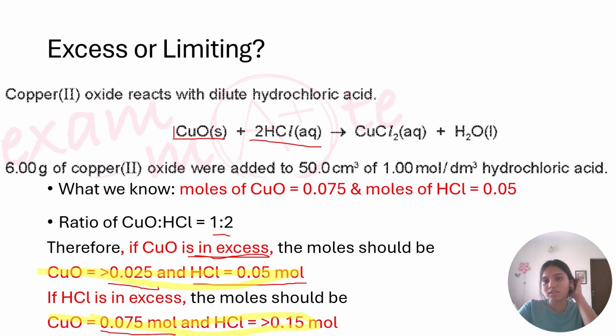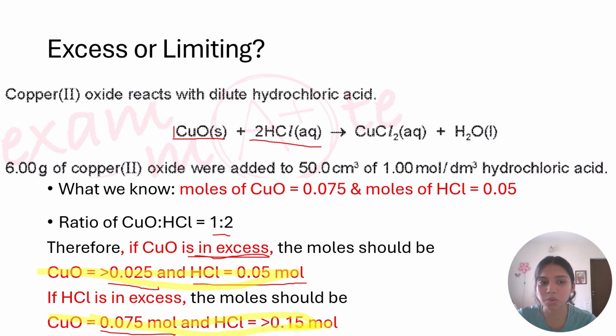That is 0.05 moles of HCl and 0.075 moles of CuO. Let's look at the second scenario. If HCl was in excess, there had to be 0.075 moles of copper oxide, which is there, correct? But HCl has to be more than 0.15 moles. Here we can see it is 0.05 moles, so we know that HCl is not in excess.